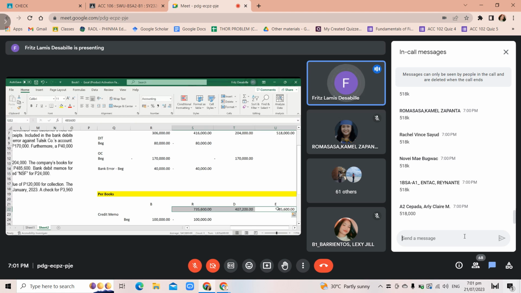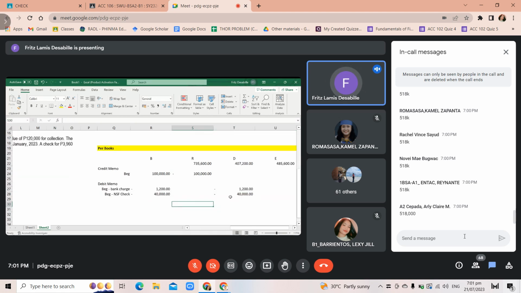Question. How much is the beginning balance per books? Pila ang beginning balance per books, guys, unadjusted?